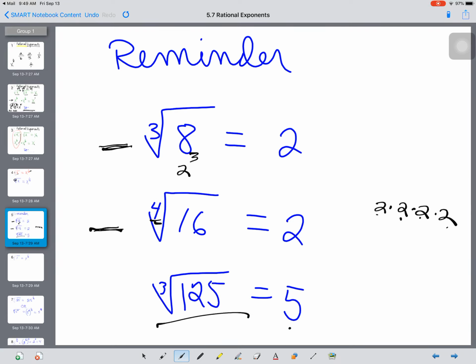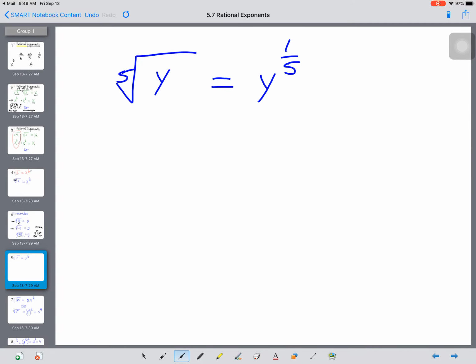So it's helpful if you kind of have a feel for some of the different powers of numbers, knowing, for example, that 4 to the 3rd power was 64, which means the cubed root of 64 would be 4. So if I gave you the 5th root of y, you should be able to recognize that that would be y to the 1/5 power.